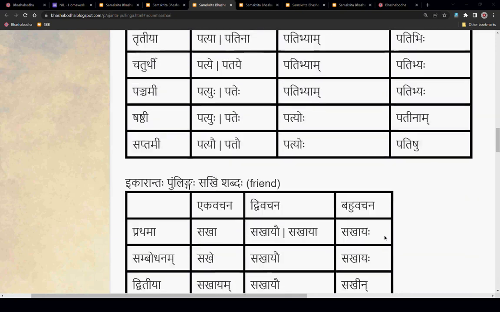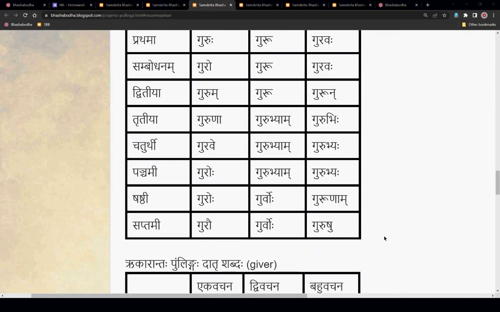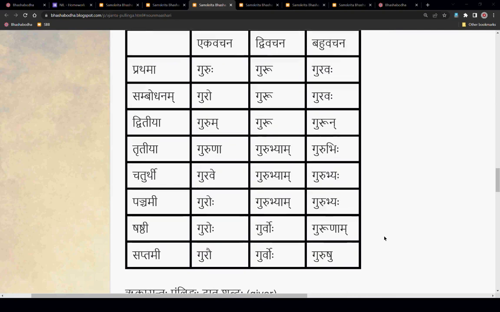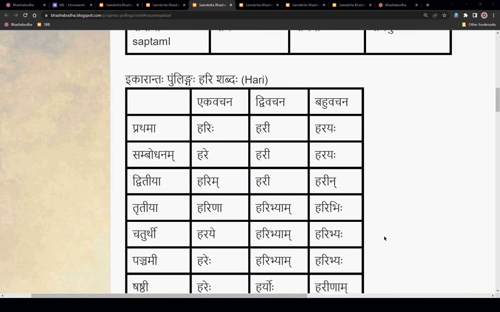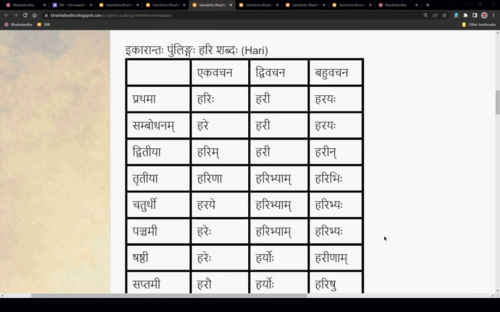Same thing with U also, like Guru becomes... Somebody asked how the U changes to Va there, Guru, Gurava. Note that in Hari, we discussed E changing to Ya because of the Uchcharana Samyam, the similarity in the Uchcharana, Talu.